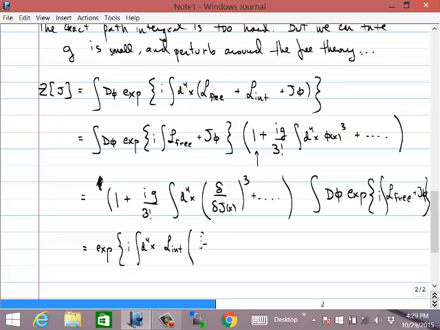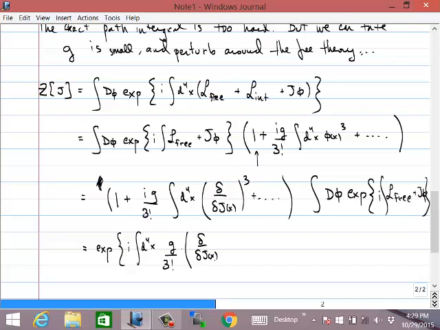Let me just write it out explicitly for this phi cubed case. So you would get integral d4x times g over 3 factorial times d by dj of x.